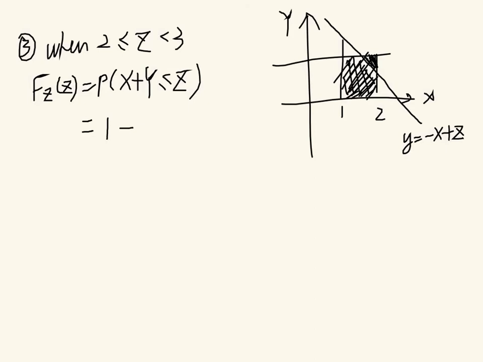So we know this point, x is equal to 2 and y is equal to z minus 2. Z minus 2, this is y is equal to 1. 1 minus (z minus 2) is 3 minus z.